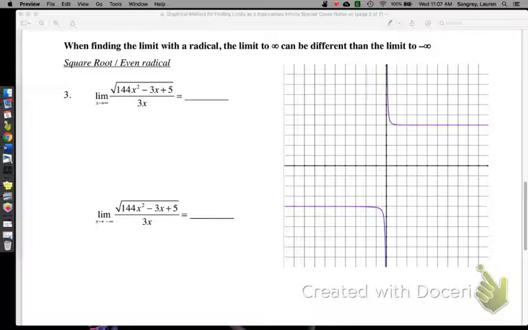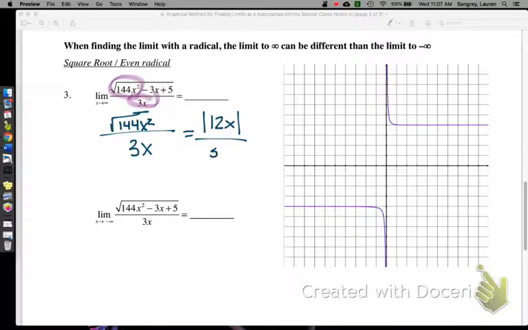Our leading term in the numerator is the square root of 144x squared, and our leading term on the bottom is just 3x. Now, dealing with the numerator, the square root of 144x squared, remember, it's not 12x, it's the absolute value of 12x. And then in your denominator, we have the 3x.